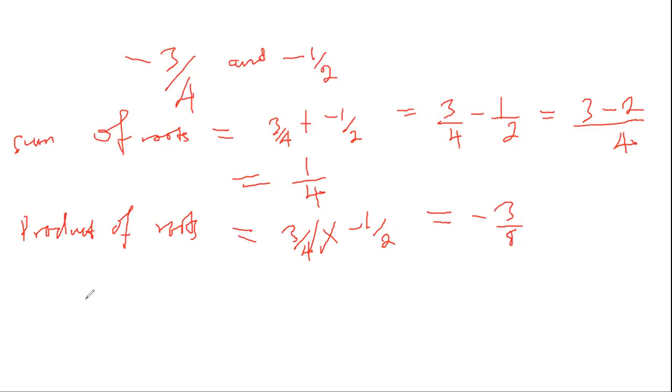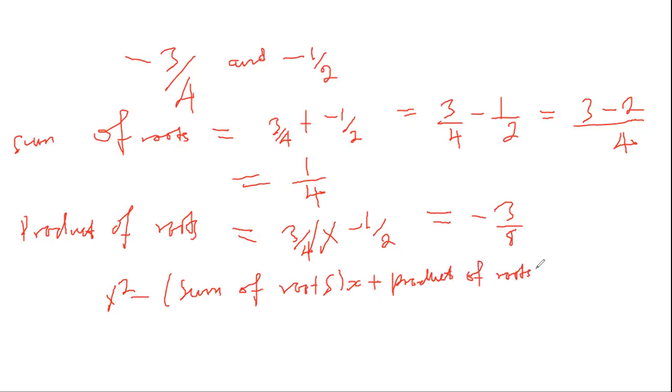After that, we substitute in the general equation, which is x squared minus sum of roots times x plus product of roots, equal to 0.